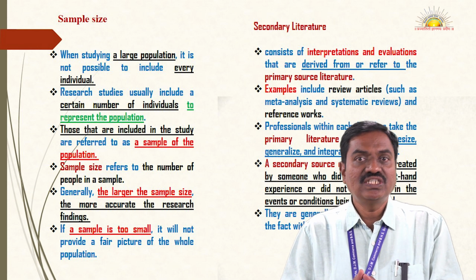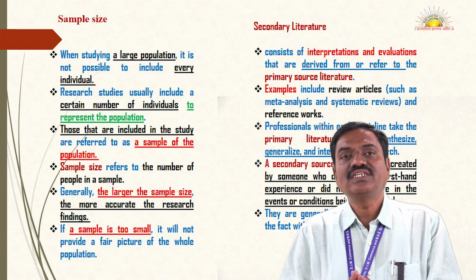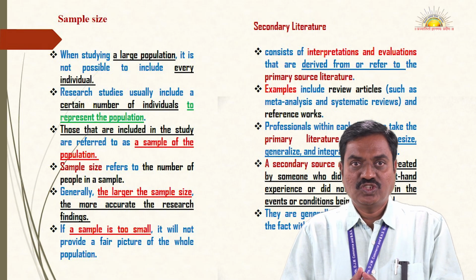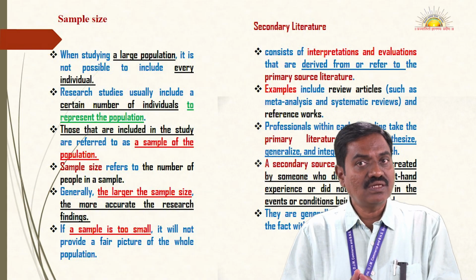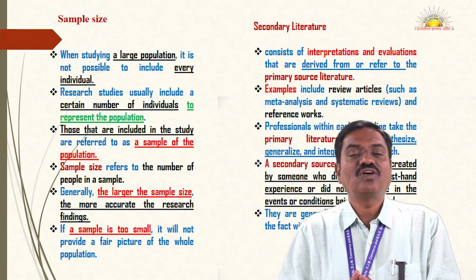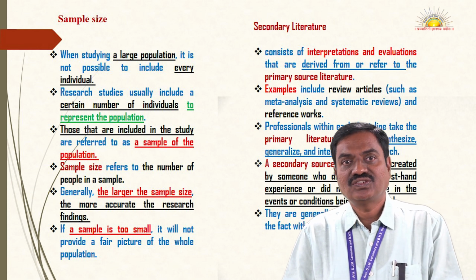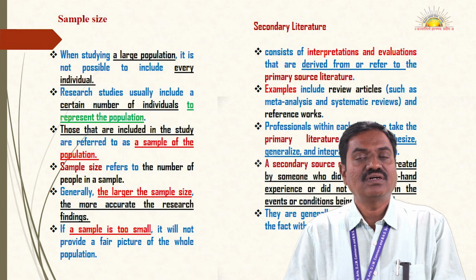Professionals within each discipline take the primary literature and synthesize, generalize, and integrate new research. A secondary source of information is one that was created by someone who did not have first-hand experience or did not participate in the events or conditions being researched. They are generally accounts written after the fact with the benefits of hindsight.